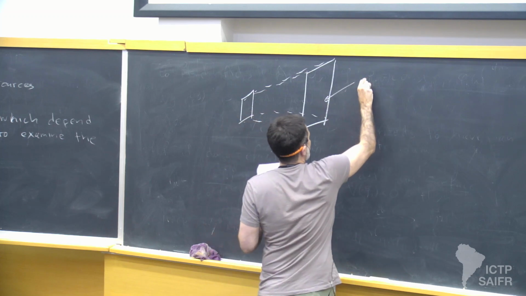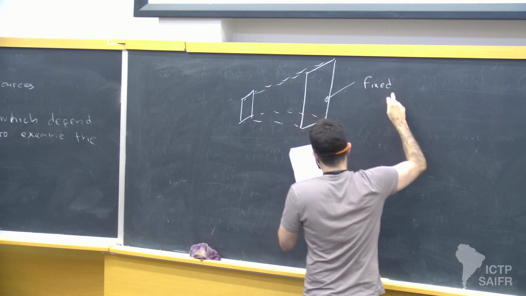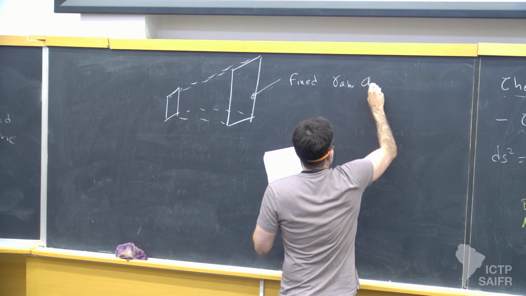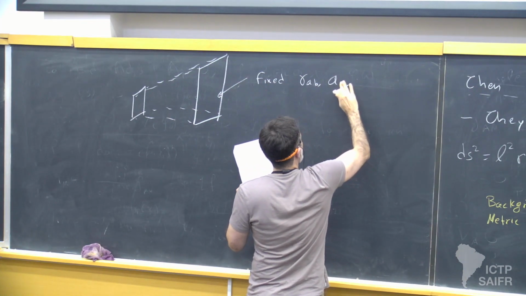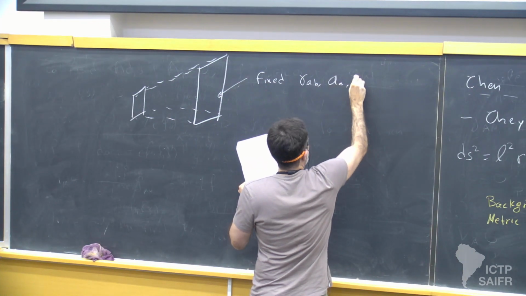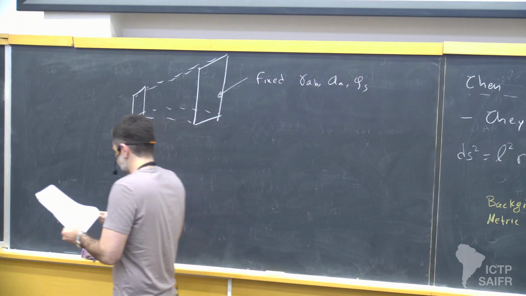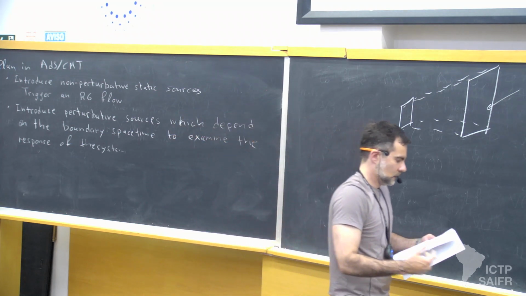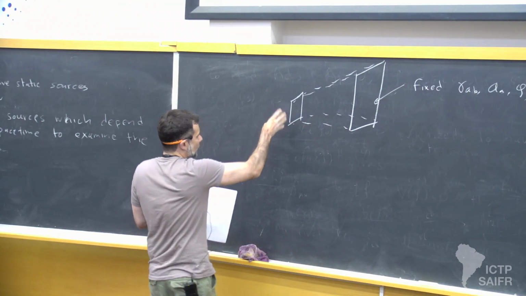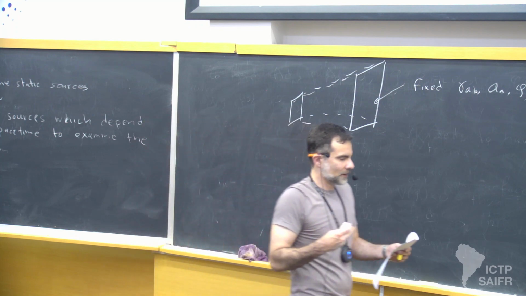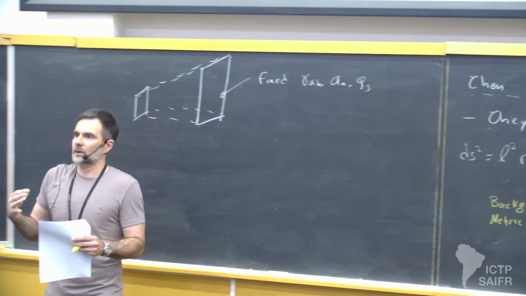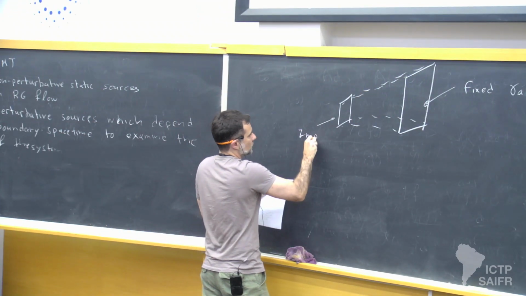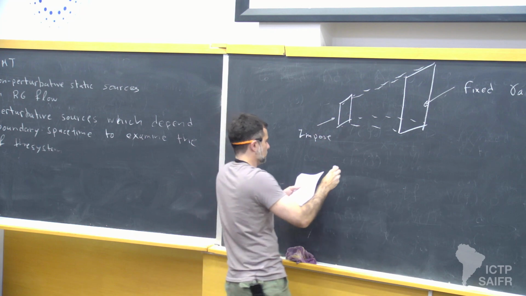On this boundary, I have fixed the sources: gamma_AB, the source for the gauge field, or for the current, and the source for the scalar. But somewhere in the bulk, I want to impose basically that everything is regular, and that I have infalling boundary conditions.